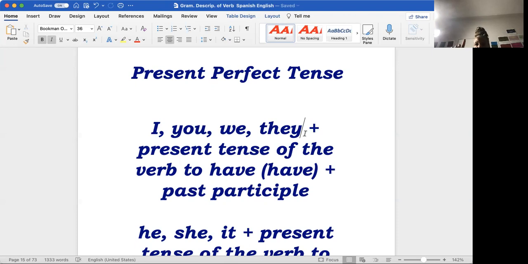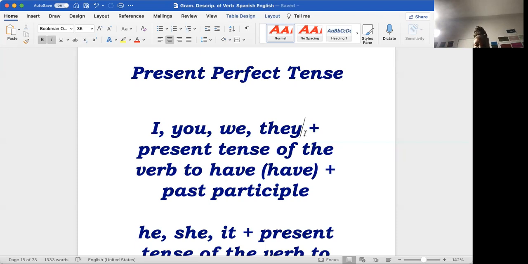Because a lot of times in English we use the contraction for I have, which is I apostrophe VE, and they've, THEY apostrophe VE. And the past tense and the past participle is the same form for regular verbs.